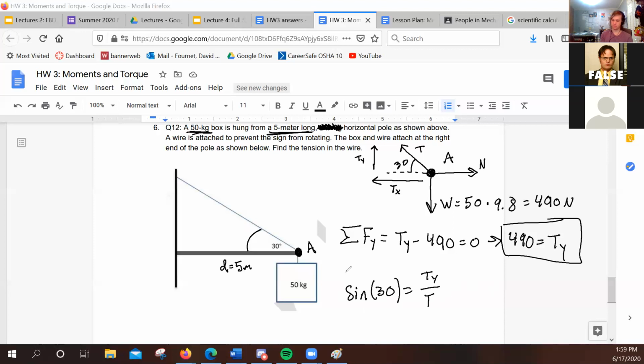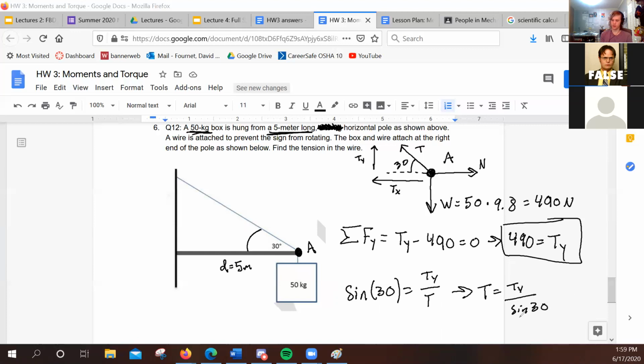If we do that, then basically we can multiply both sides by T and then divide both sides by sine 30. So this is going to end up being T equals Ty divided by sine 30. Okay?